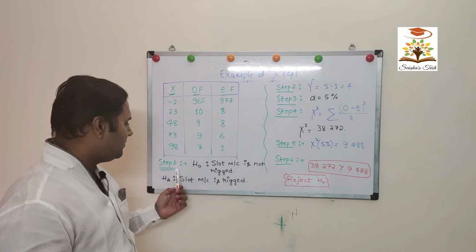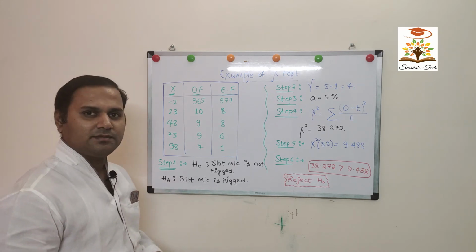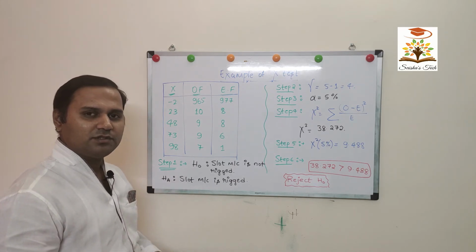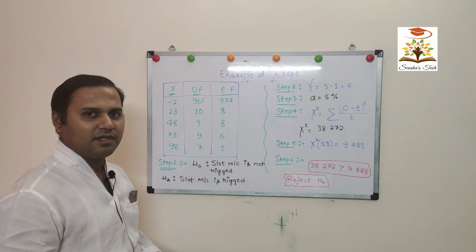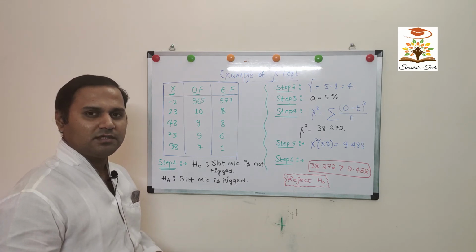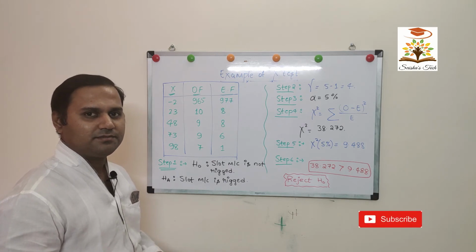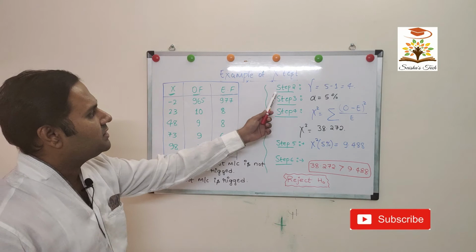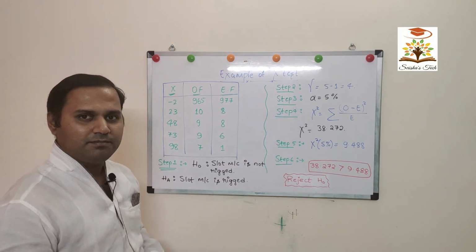In step 1, we will decide on the null and alternative hypothesis. Our null hypothesis would be that the slot machines are not rigged. Similarly, as the alternative hypothesis is contrary to the null hypothesis, we would consider that the slot machines are rigged. In step 2, we are calculating degrees of freedom.